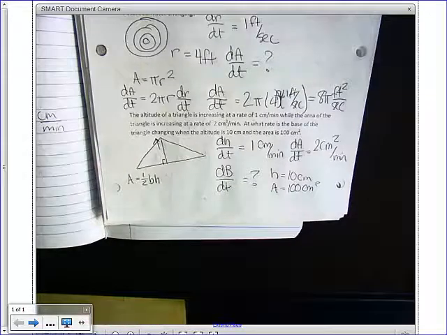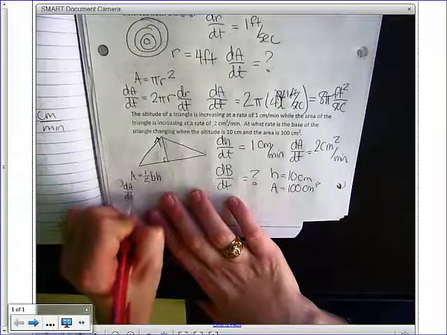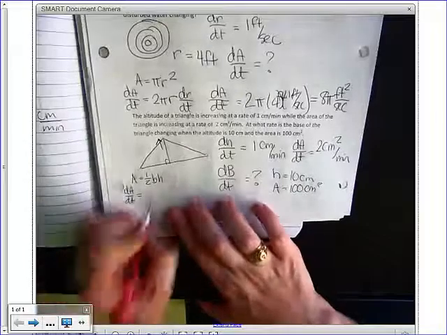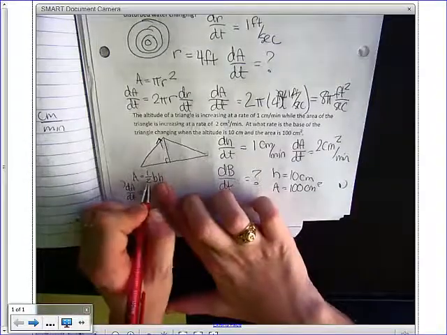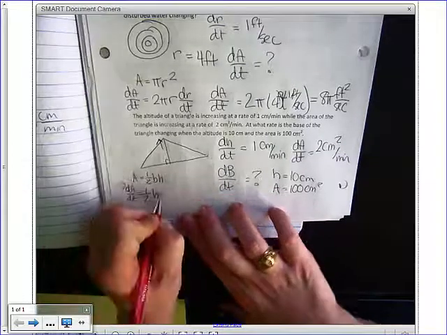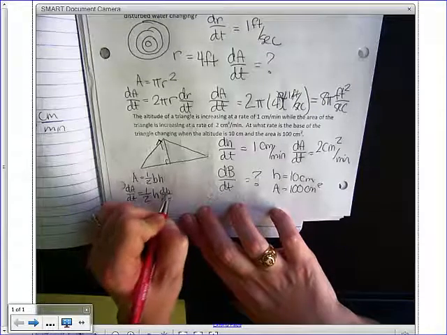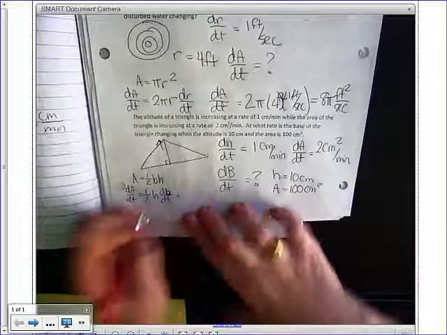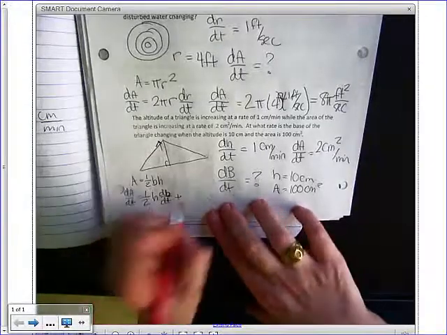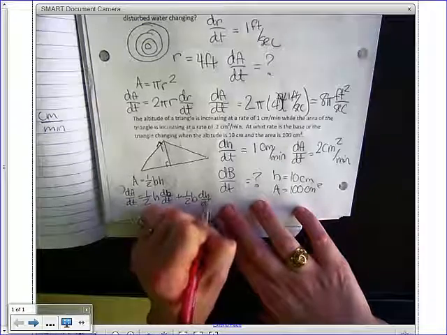So first thing I'm going to do, I'm going to use the product rule and differentiate. dA/dt equals, well, the derivative of b is just 1, so 1/2 h dB/dt, plus, now the derivative of h is just 1, so 1/2 b dH/dt.